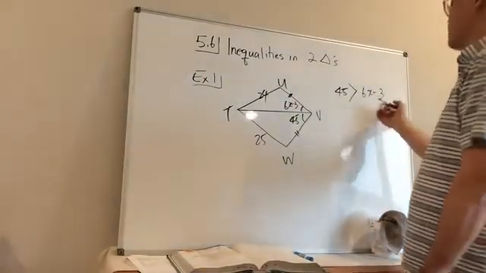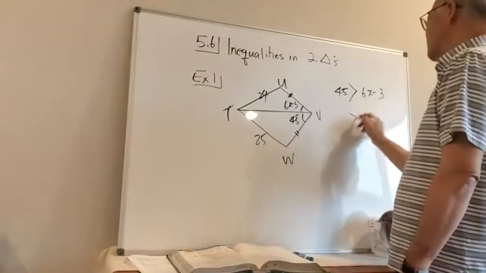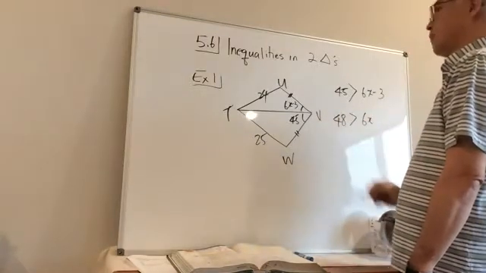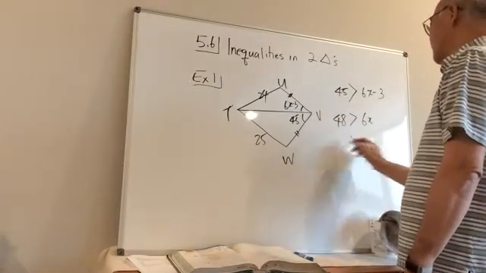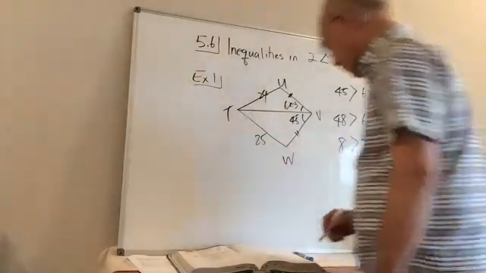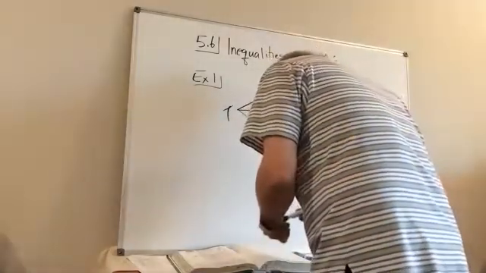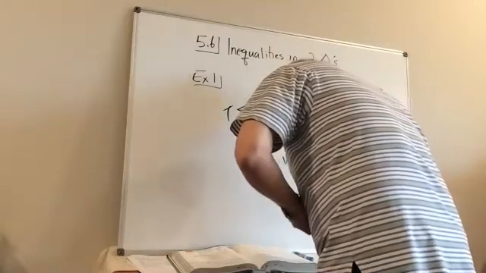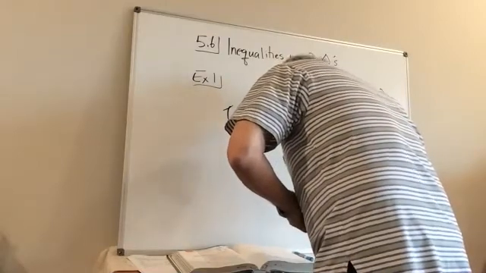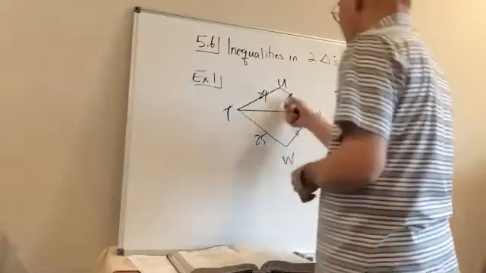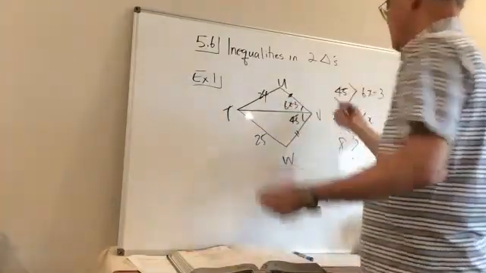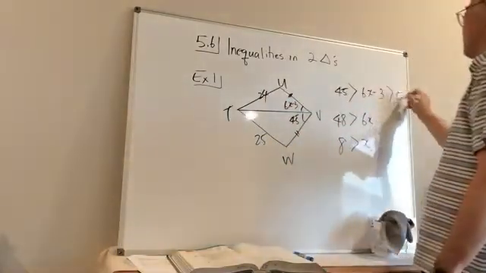So if I solve this, I add 3 on both sides and divide by 6. And also, 6x minus 3 has to be greater than 0, right?